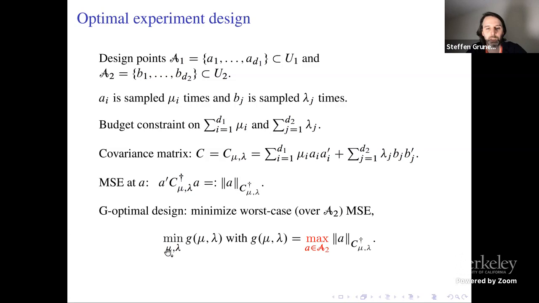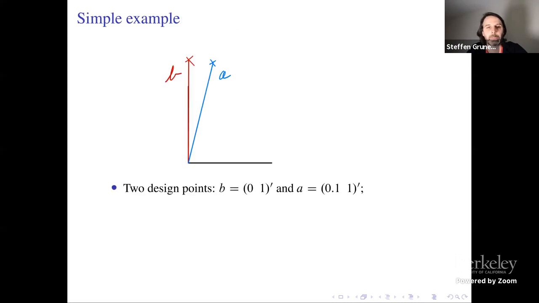So I'm trying to minimize, with mu and lambda, this function G, picking my design points to minimize the error in epoch 2. Simple example here: two subspaces, blue and red, two design points only, very simple.